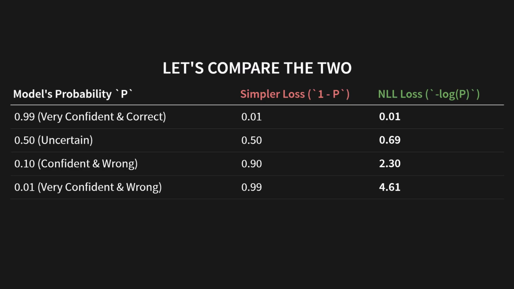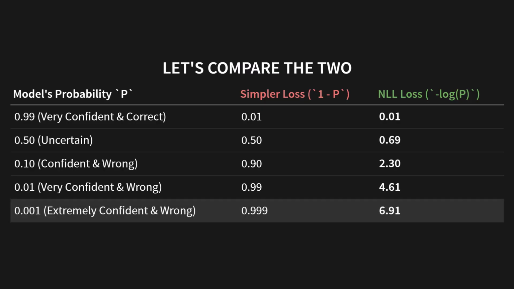The simple loss is 0.99. The NLL loss is 4.61. And the last one, extremely confident and wrong. A probability of 0.001. The simple loss is 0.999, but the NLL loss is 6.91.